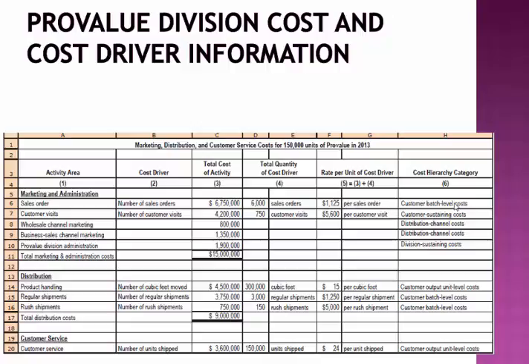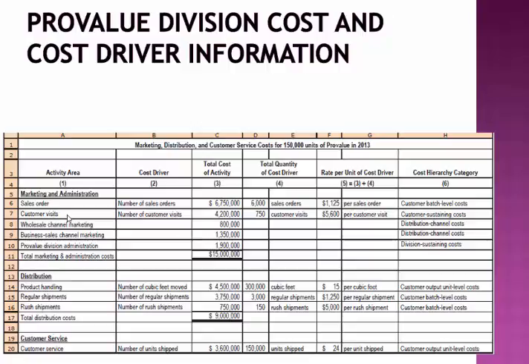Now this is an example of customer batch level cost. Okay, so we've got a sales order. That sales order is going to have different kinds of line items on it. And per sales order, we're going to have a processing cost of $1,125 that we're incurring.